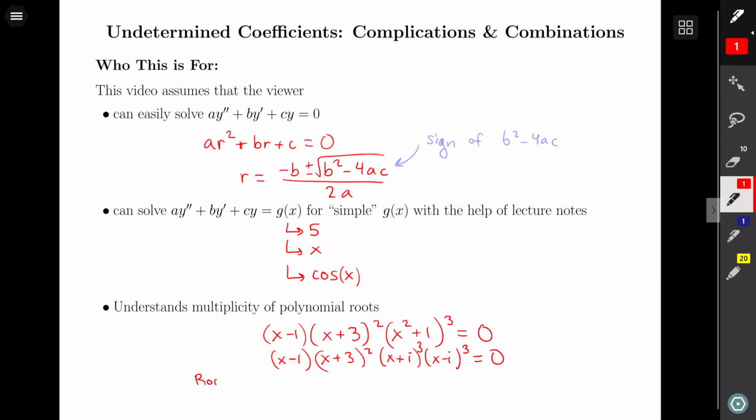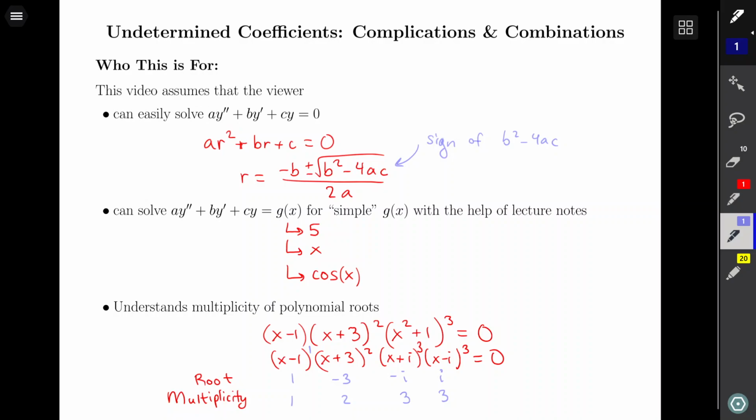And you can have a root, and each one has a corresponding multiplicity. So for the first one, the root is 1. There's an exponent hidden there of 1, so that's its multiplicity. The next one, the root is negative 3. The exponent is 2, so it's a multiplicity of 2. And then negative i and plus i both have exponents of 3, so those are the multiplicities.